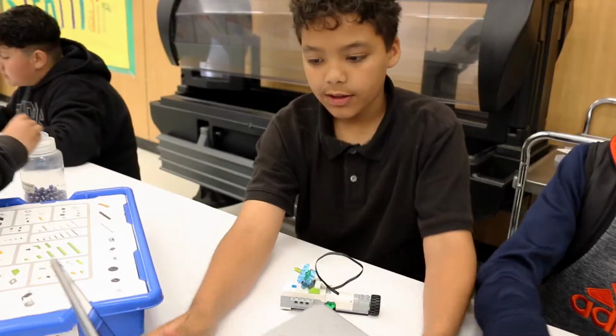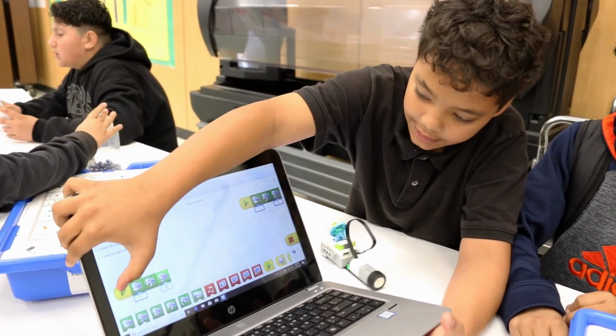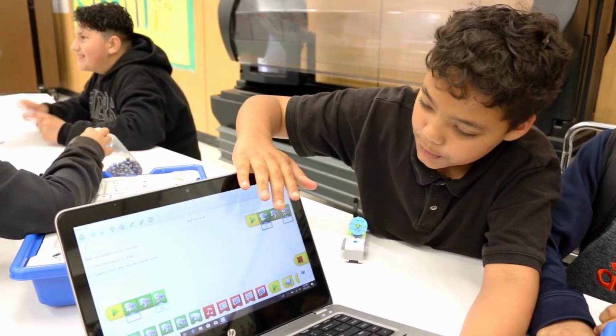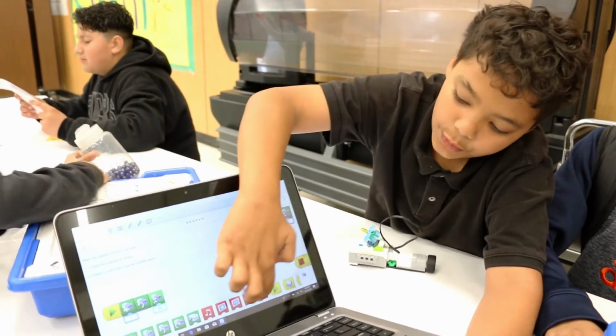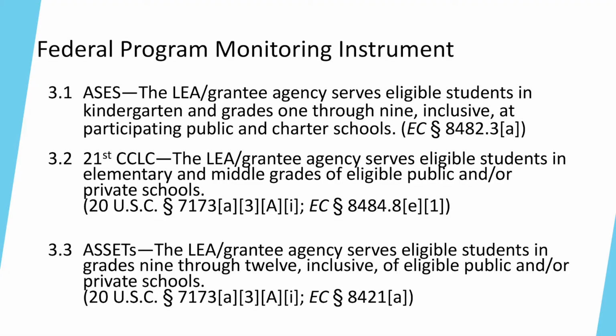To determine which item in the EXLP FPM instrument pertains to your program, each item contains the applicable program or programs, for example, ASES, 21st CCLC, and ASSETS. For example, on your screen now you will see EXLP 3, serves eligible pupils in appropriate grade levels. All 3 programs, ASES, 21st CCLC, and ASSETS, are reviewed for compliance in this item.